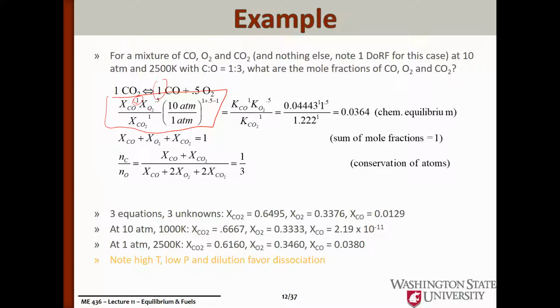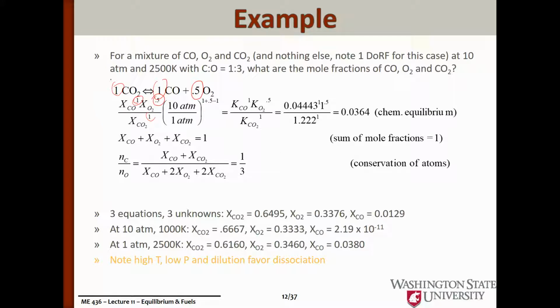The O2 mole fraction is going to be raised to the 0.5, because that's the stoichiometric coefficient in the balanced reaction. CO2 is going to be raised to the 1, because that's the stoichiometric coefficient in the balanced reaction.